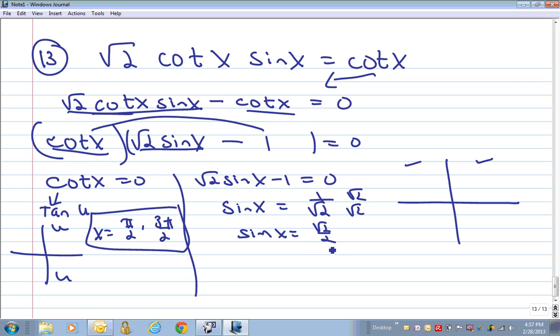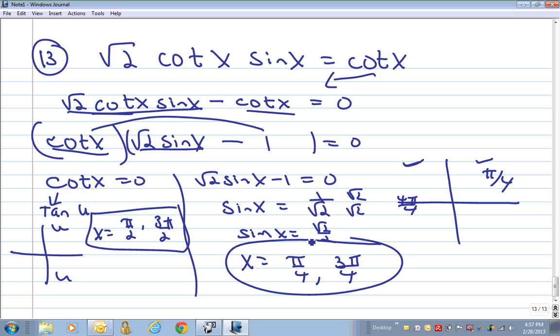The square root of 2 over 2 is where my theta would be at pi over 4. This is 4 pi over 4, making my second quadrant 3 pi over 4. So my x values would be pi over 4 and 3 pi over 4, and there are two more solutions. So there's my solutions for 13.